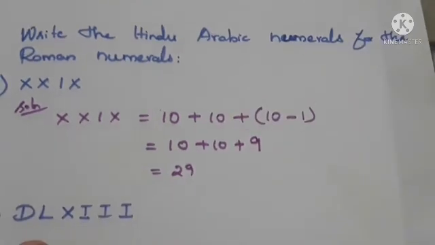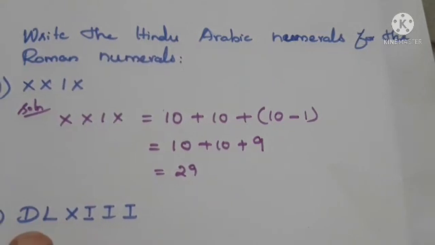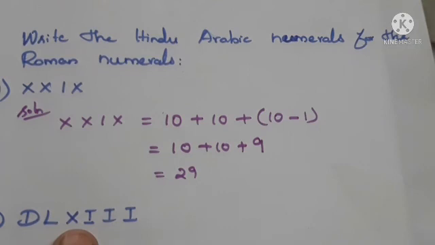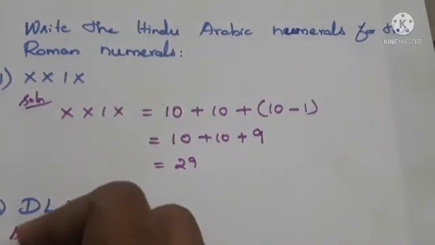We have DLXIII. So we know that D means 500, L means 50, X means 10, I means 1, and the next I is 1, the next one is 1. So we write the solution and write the question as it is.